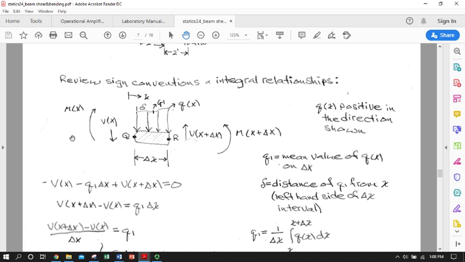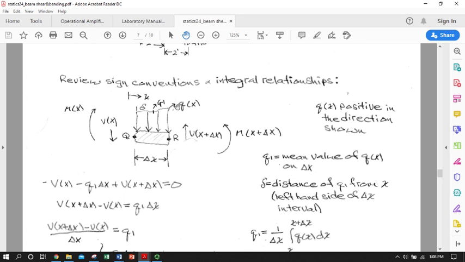And so the left-hand side of the beam that we've cut off at cut face Q here is exerting a force V at x downward at point Q, and it's exerting a moment of M at x going clockwise.